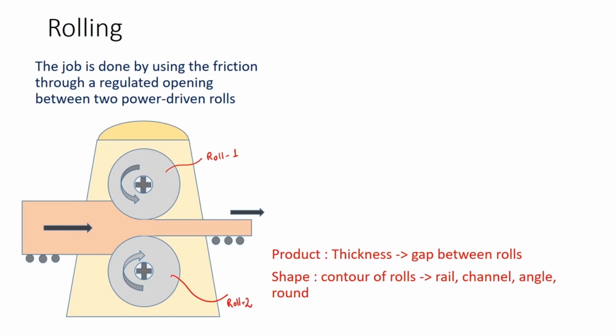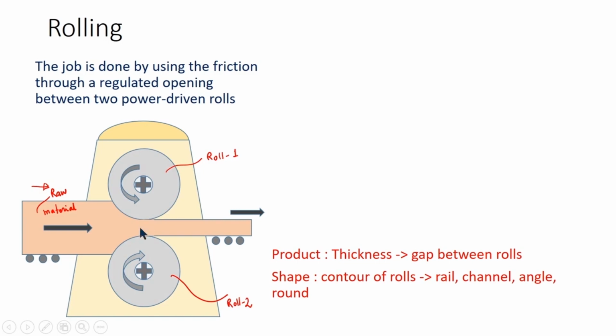When we feed raw material in the form of a sheet, the raw material comes into the gap between roll 1 and roll 2, and it is driven due to the friction at the regulated opening between the two power driven rolls.